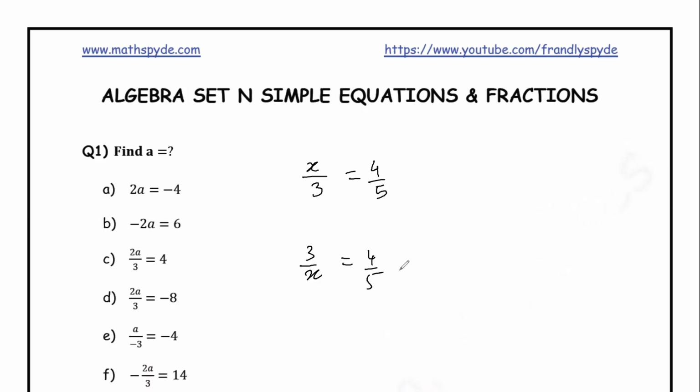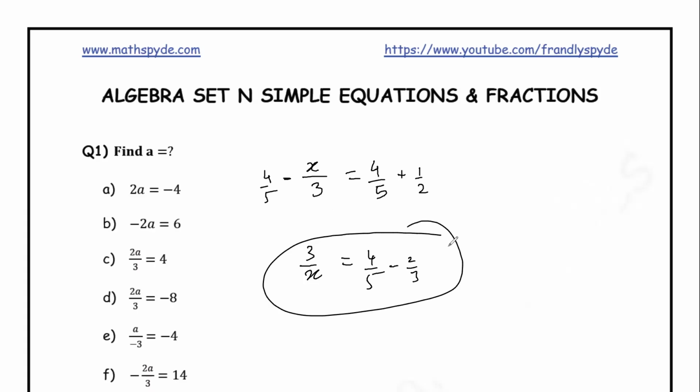Now the trick which I showed you of bringing 3 next to 5 and then flip and all that cannot be applied if there is a plus, minus, whatever, another fraction out here. Then you cannot apply the trick. It just doesn't work. So if it was minus 2 by 3, for example, something like this, the trick won't work. So that's the limitation.